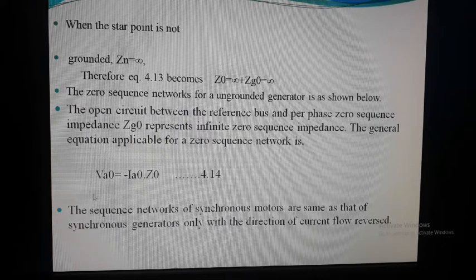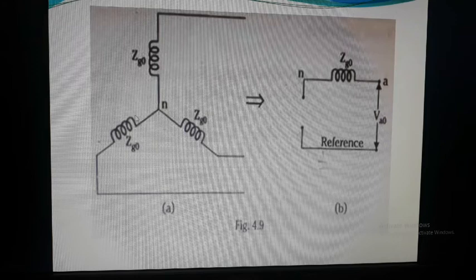The general equation can be written as Va0 = -Ia0 Z0. The sequence network when the neutral is not grounded is shown in this figure. Here, this is the three-phase representation. In the single-phase representation, we can see an open circuit over here.